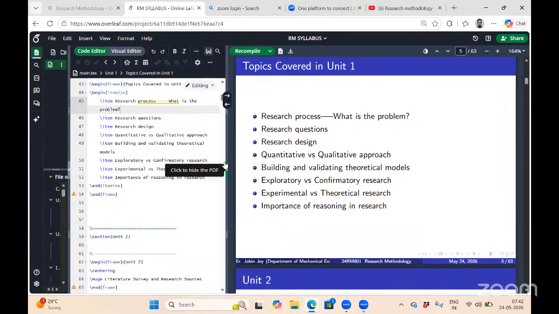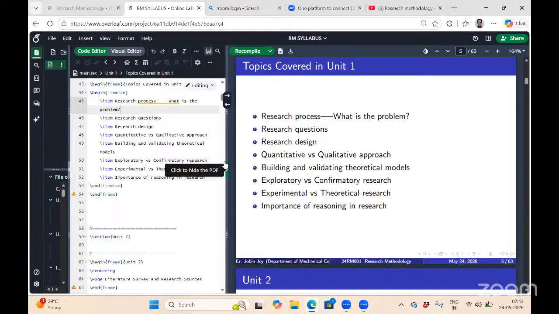Finally, results are interpreted and conclusions are drawn. Then the findings are presented in the form of a research report and published in a paper. Thus, the research process ensures systematic and reliable scientific investigation.